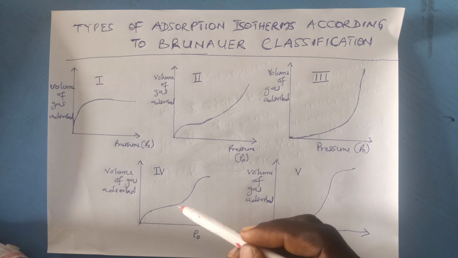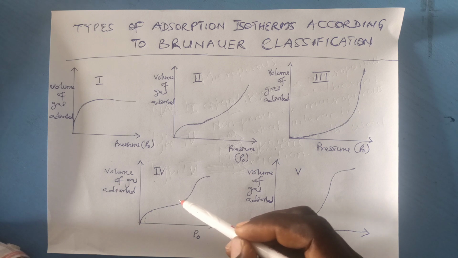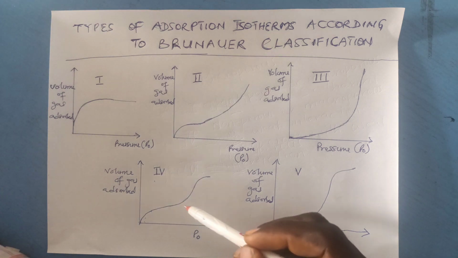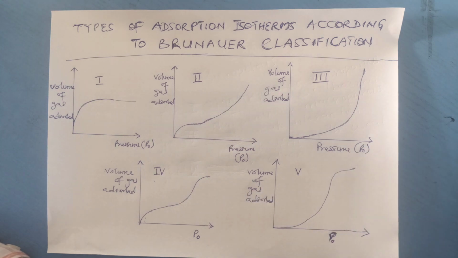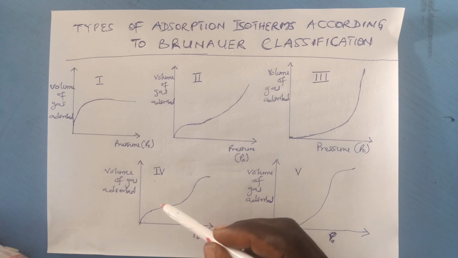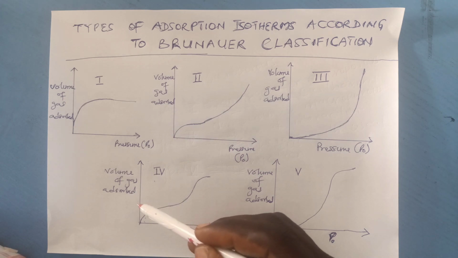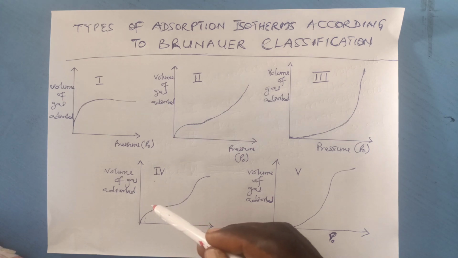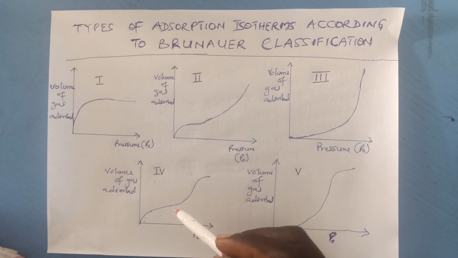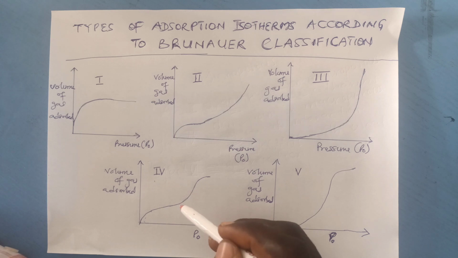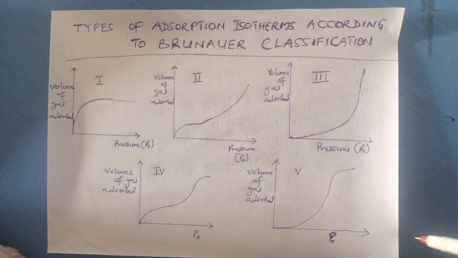So type 4 adsorption isotherms are given by mesoporous adsorbents.